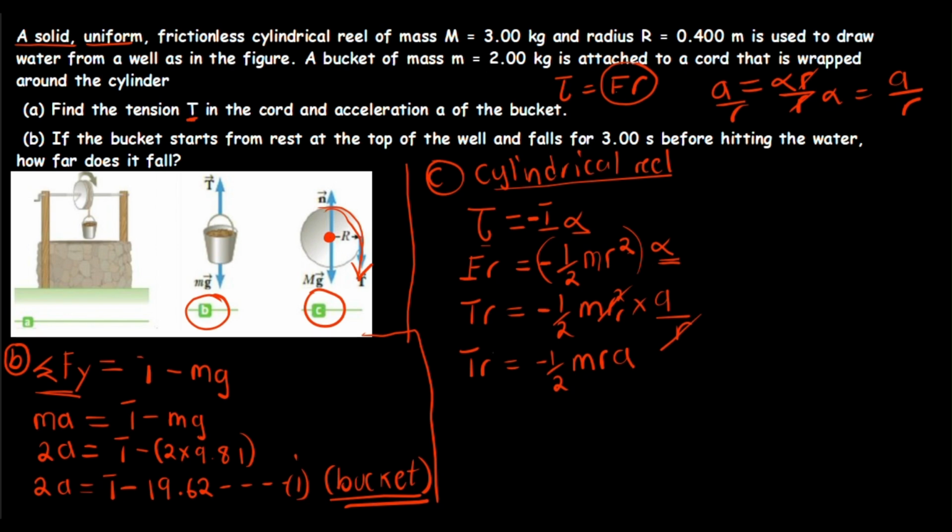Now we have radius on this side and this radius, and they cancel. So we have T equal to negative 1/2 times mass times acceleration. Then what is the mass? The mass of the cylindrical reel is 3, so where there's mass, I'll put 3.